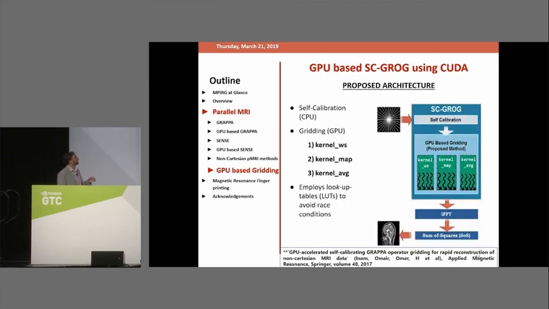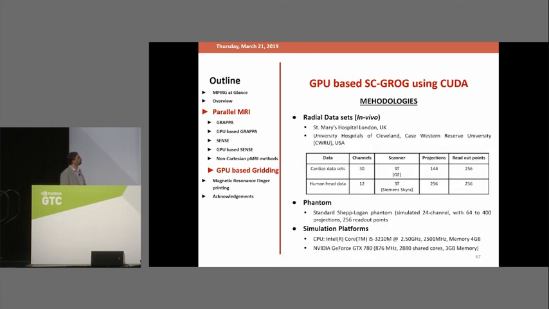So we developed different kernels for this, mainly 3 kernels given there. I won't go into the details, but they helped us to perform both the synthesis and the gridding process in parallel. We tested the method on radial data sets, a cardiac data set and a human head data set, having 30 receiver coils and 12 receiver coils.